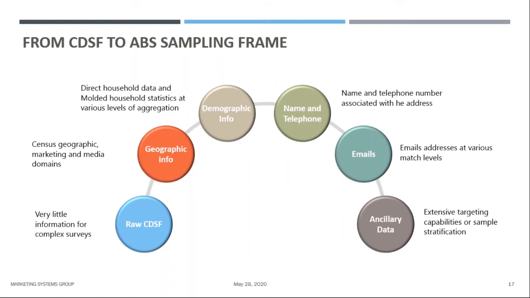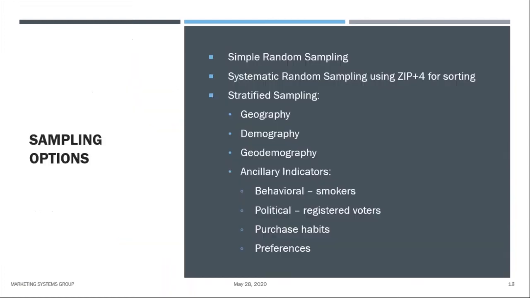And as mentioned, we can append name and telephone numbers, emails, and a host of other ancillary data so that, again, a simple database of mail delivery is evolved into a complex and comprehensive sampling frame suitable for complex studies.